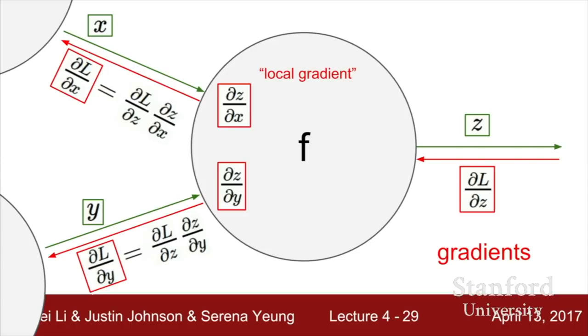And so the main thing to take away from this is that at each node, we just want to have our local gradient that we compute, just keep track of this. And then during backprop, as we're receiving numerical values of gradients coming from upstream, we just take what that is, multiply it by the local gradient, and then this is what we then send back to the connected nodes, the next nodes going backwards, without having to care about anything else besides these immediate surroundings.